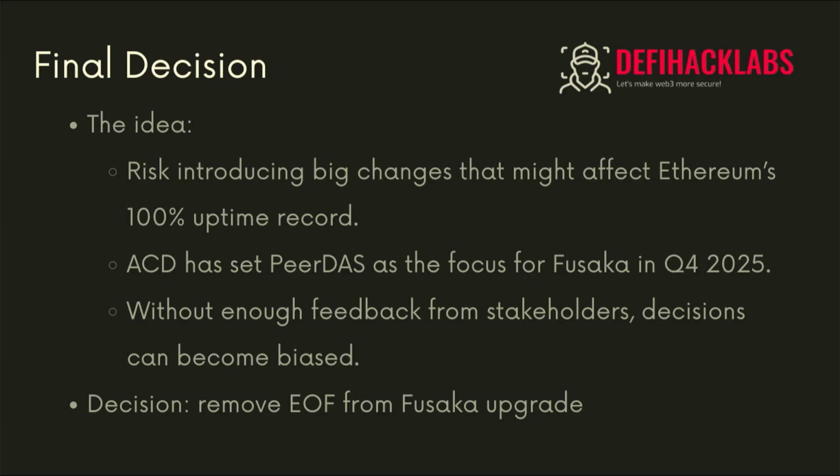And the third one is that the main focus of the ACD for Fusaka this year would be PeerDAS to scale blob scalability. So we should not let EOF delay the progress of PeerDAS.